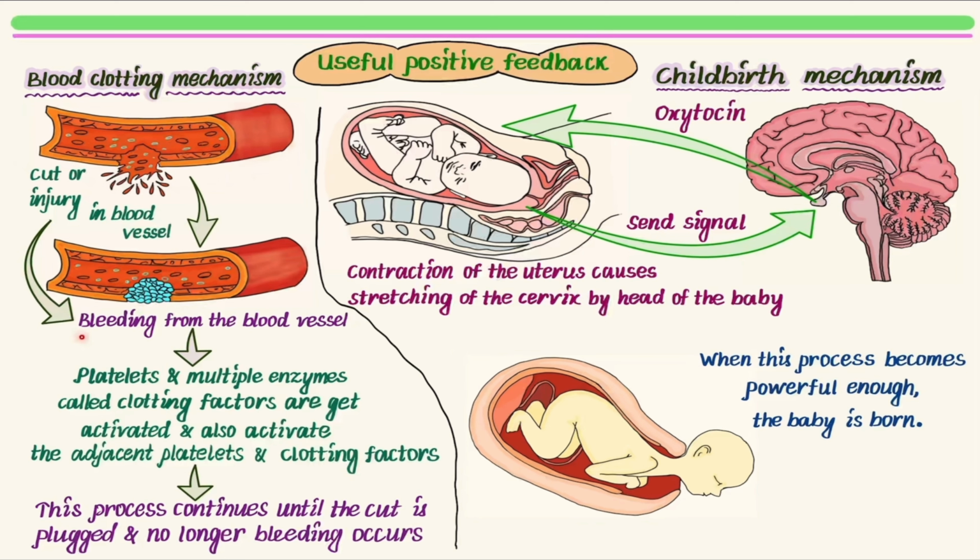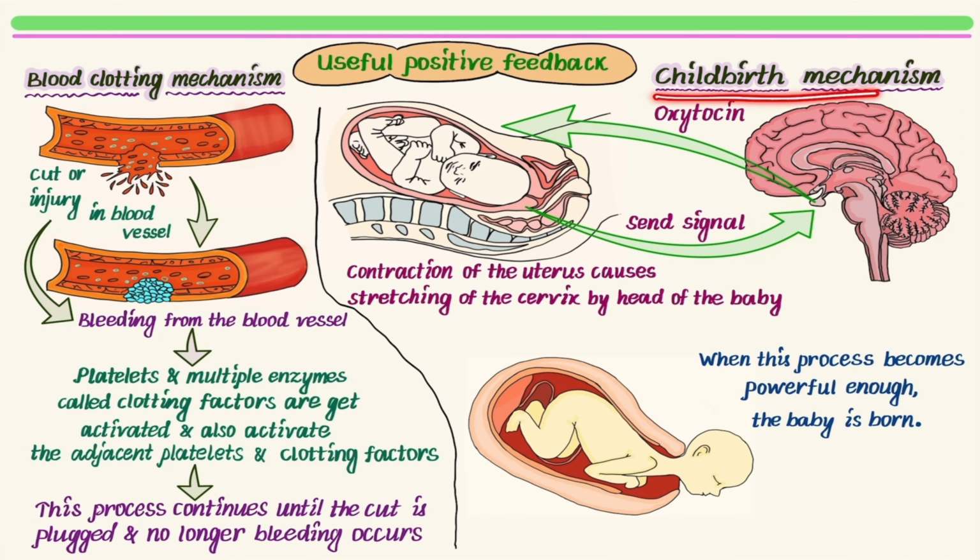If there is a cut or an injury in the blood vessel that causes bleeding, then the platelets and multiple enzymes called clotting factors present in the blood vessel get activated and also activate the adjacent platelets and clotting factors. This process continues until the cut is clogged and there is no longer bleeding.